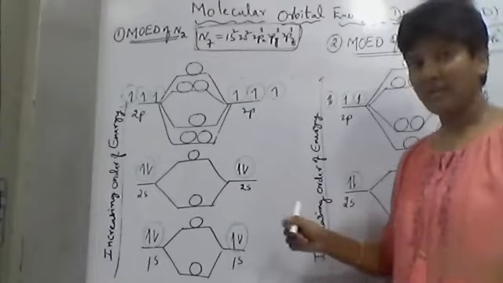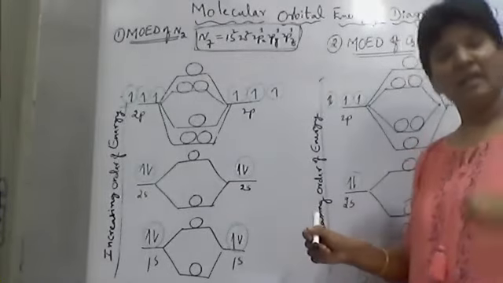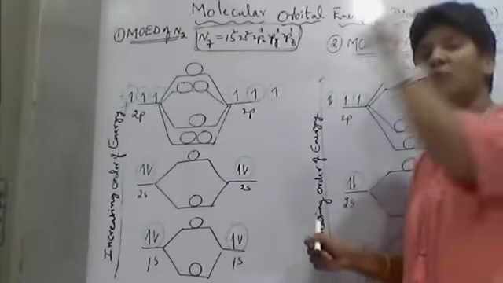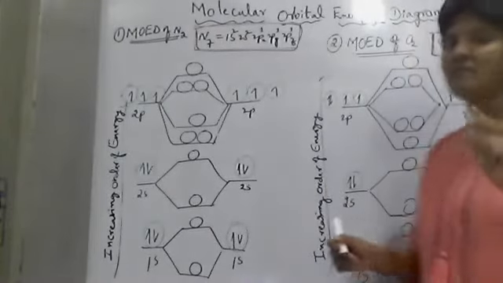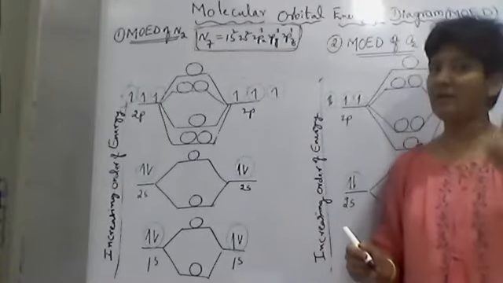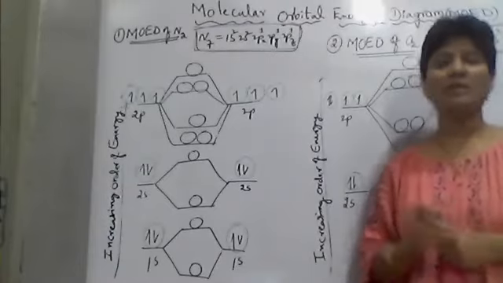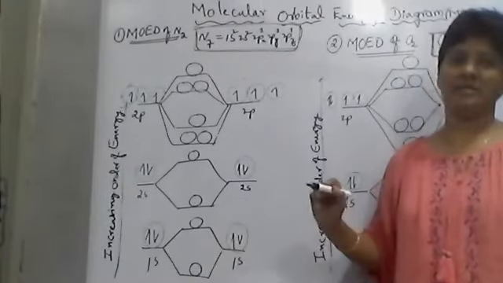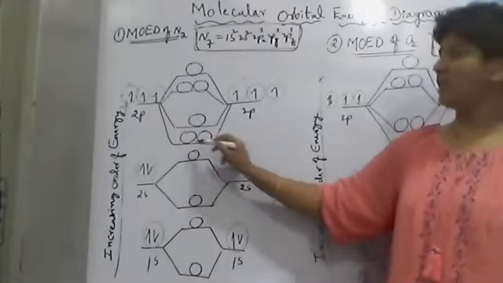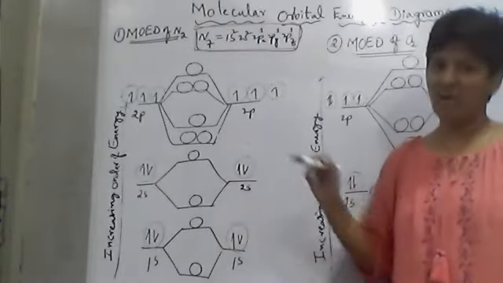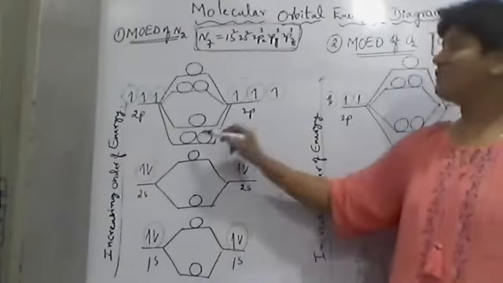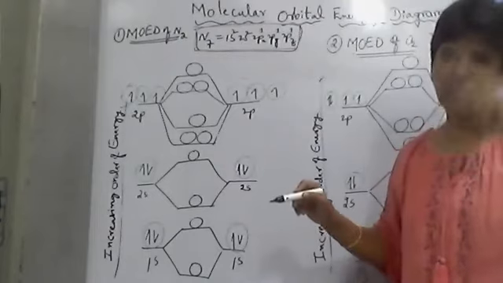So fill the electrons. Remember, when you fill electrons in any type of orbitals, whether pure atomic orbitals, hybrid orbitals, or molecular orbitals, you must follow the same three rules: the Aufbau principle, Hund's rule, and Pauli's exclusion principle. The Aufbau principle means first you fill low energy and next high energy. Whenever you fill the same energy orbitals, like the two circles at the same level, degenerate orbitals, according to Hund's rule each one must be filled with one electron spinning in the same direction.